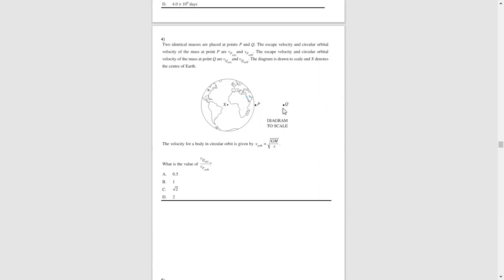Let me repeat. The further out you go, the escape velocity goes down, and the orbital velocity also goes down. As you go towards the center, the escape velocity goes up, and the orbital velocity goes up.